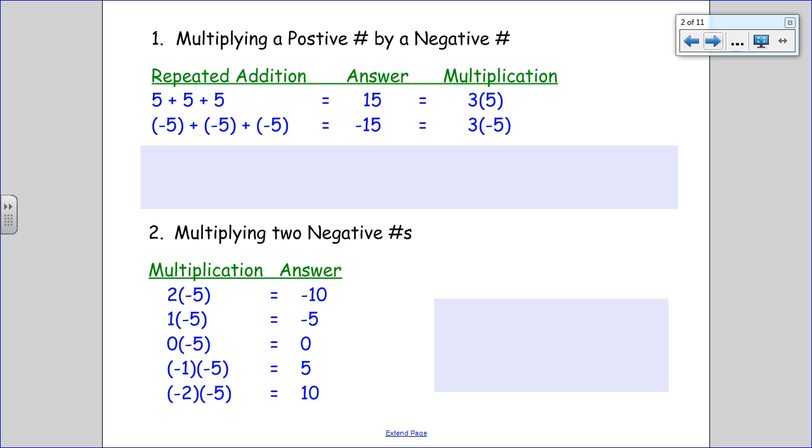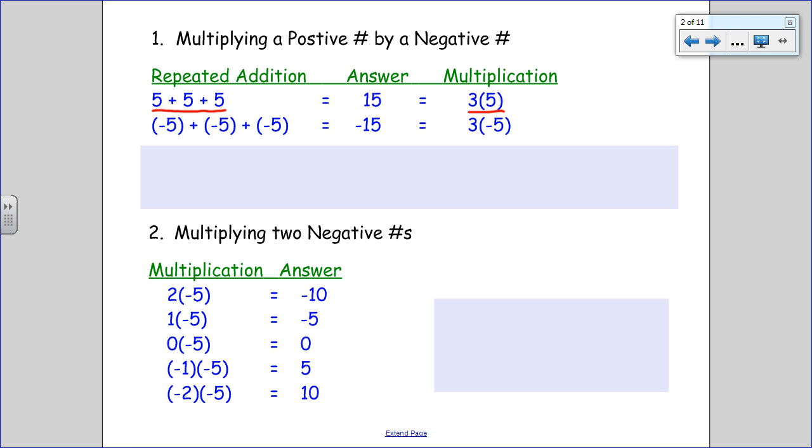The key idea to keep in mind here is that multiplication is a shortcut for repeated addition. Thus, the sum 5 plus 5 plus 5 can be rewritten as the multiplication problem, the product 3 times 5. And since the answer to 5 plus 5 plus 5 is 15, then the product of 3 times 5 is 15.